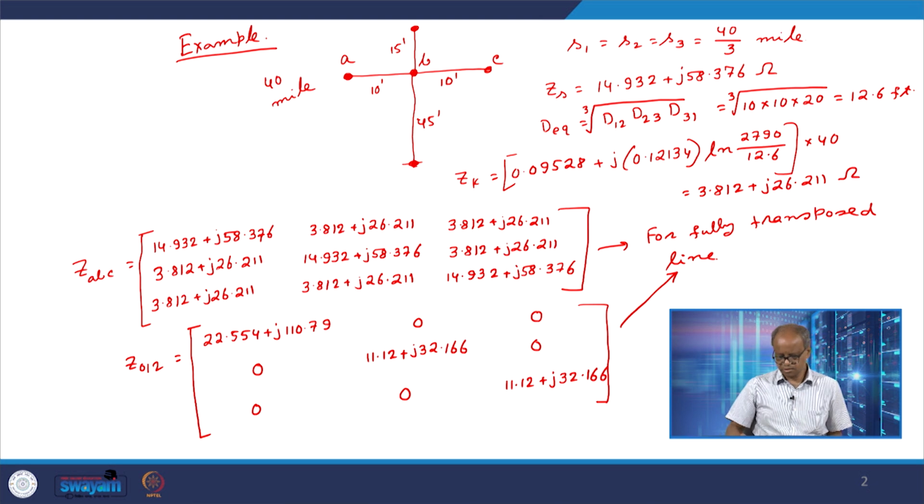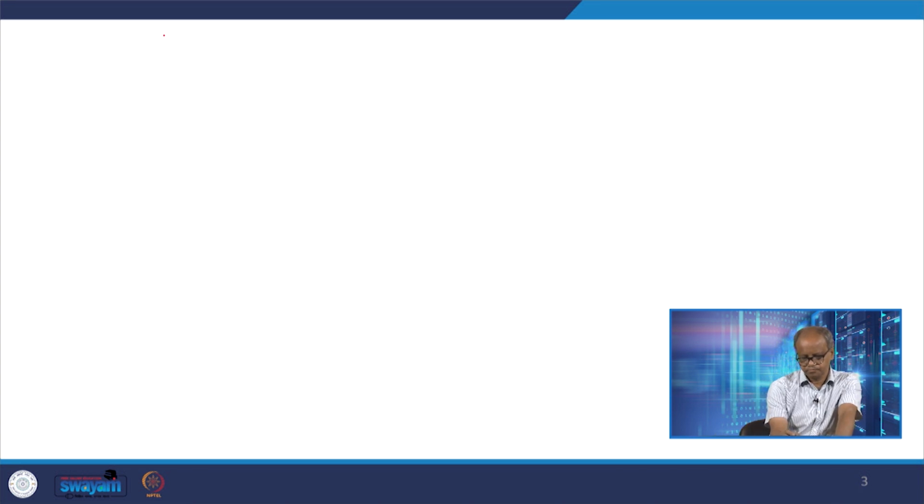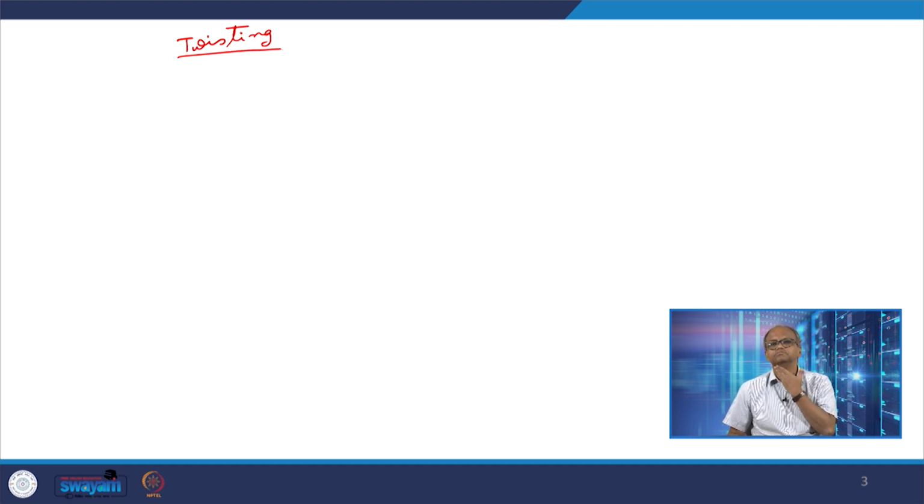Now let us talk about another concept called twisting. Twisting is essentially, in the case of transposition, all three conductors change their positions corresponding to phase A, phase B and phase C.